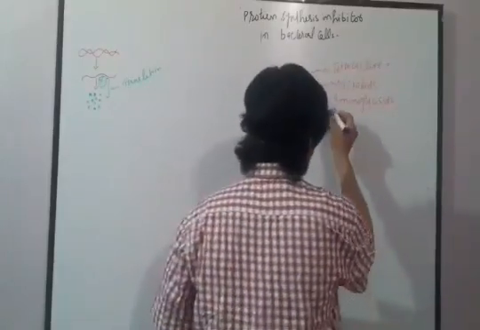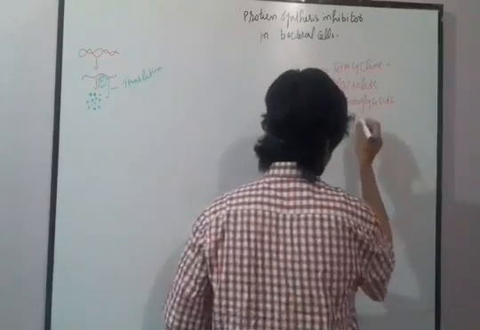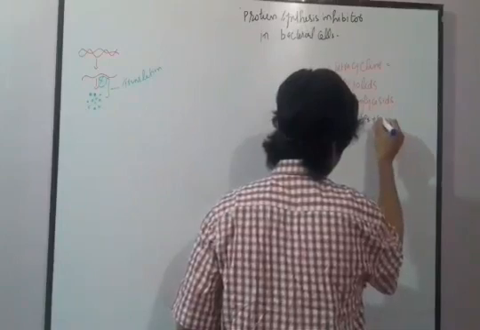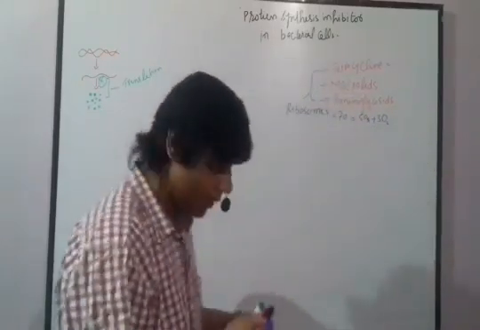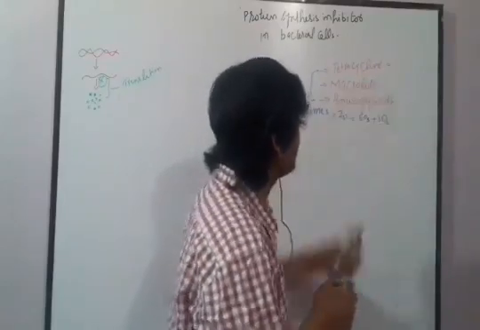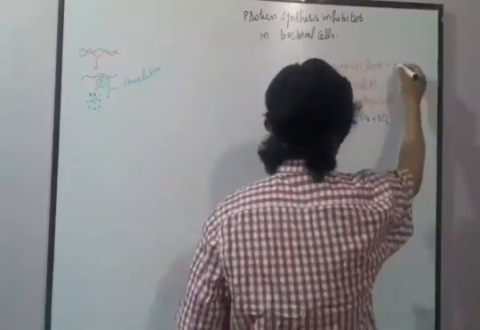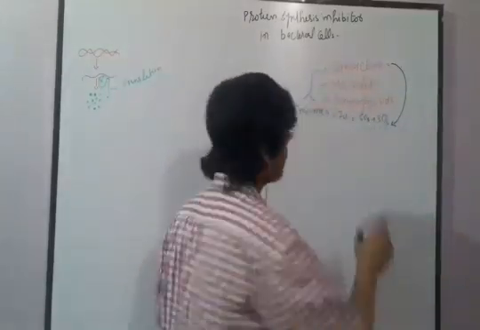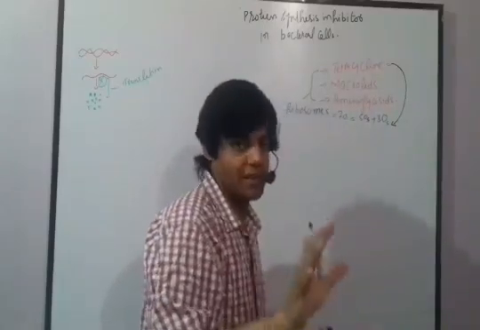Now this ribosome is a 70S ribosome. The 50S and 30S bind together to make the 70S ribosome. Tetracycline will usually attack the 30S subunit to stop protein synthesis.